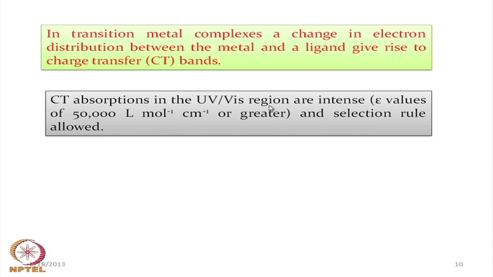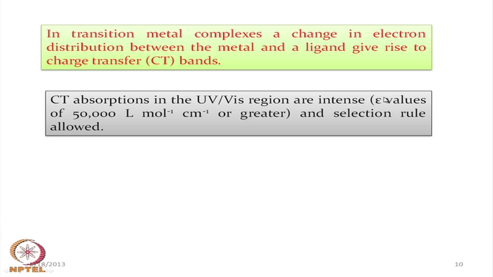UV visible region means we have a high energy region, that means less than 400 or 420 nanometer, and they are highly intense because the corresponding energy values, E1 and E2, are very high compared to the dd transition.